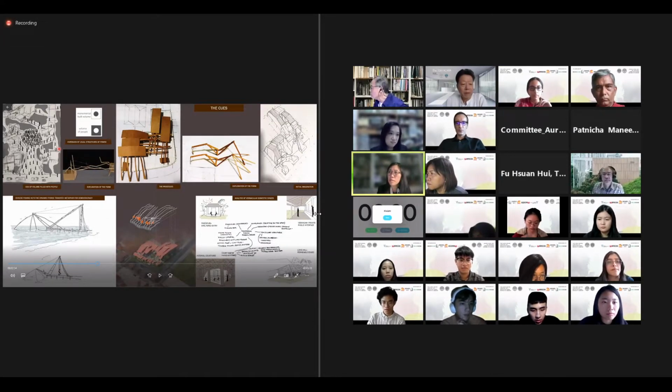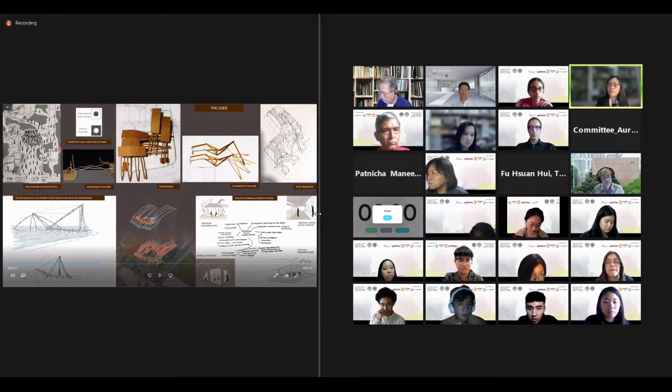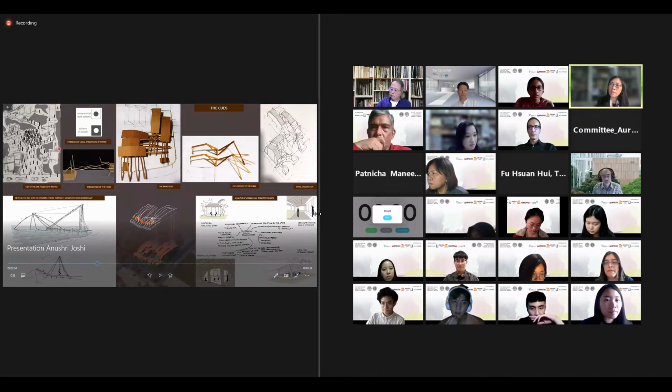In the big mass on the left, compared to the smaller one along the river, there are regular three stories. But what will happen in the upper floor?